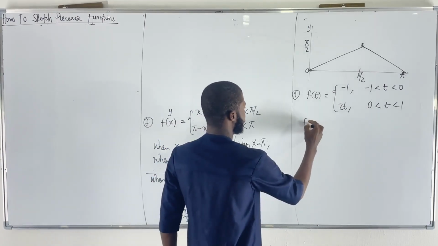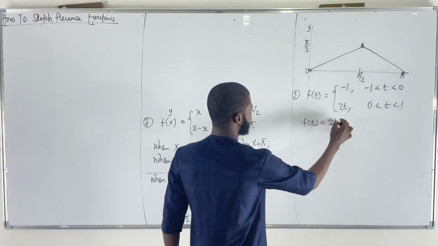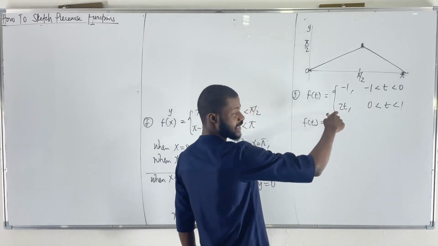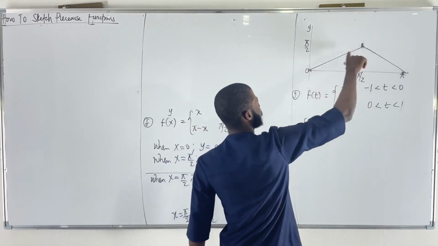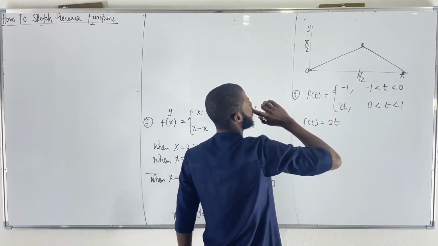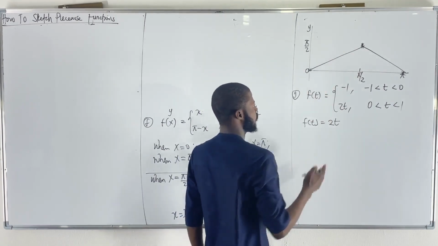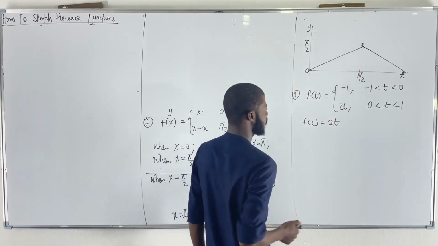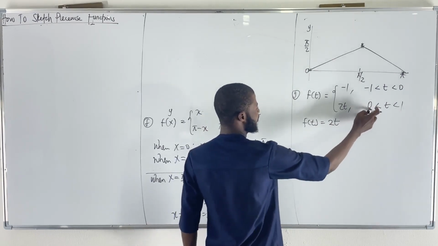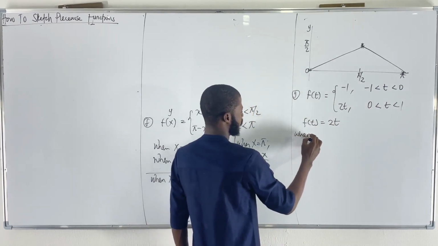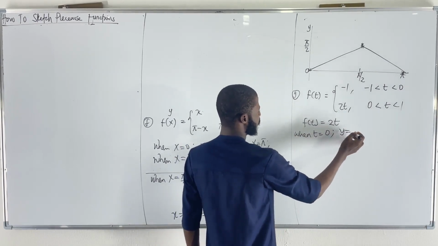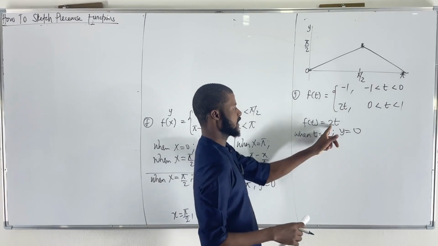2t is still very easy actually. So f of t is equal to 2t. Now, when t is 0, I know this line is going to look like this one, but it's going to move either like this or like this. So, when t is equal to 0, y is going to become 0, because this is 2t, right?